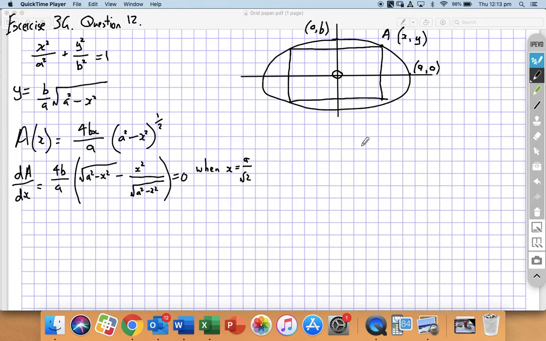If we were to draw a sine diagram, the question's telling me it's maximized. I think this is actually quite a difficult sine diagram to think about. The reason for that is if I was to test on either side of this a on root 2, it might get a little bit confusing.